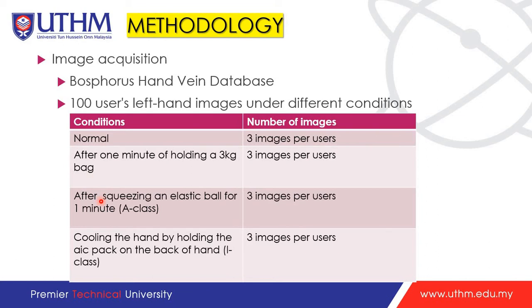The third is after squeezing an elastic ball for 1 minute. The fourth condition is pulling a pen by holding the air pack on the back of the pen. Each condition has 3 images per user, so each user has 12 images, and the total is 1,200 images.